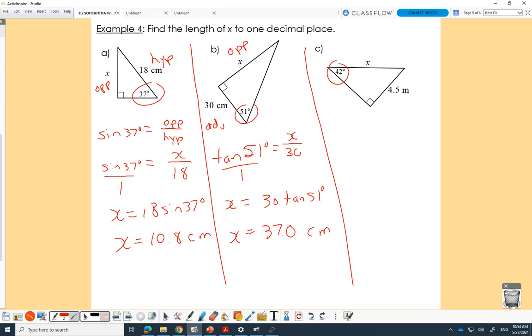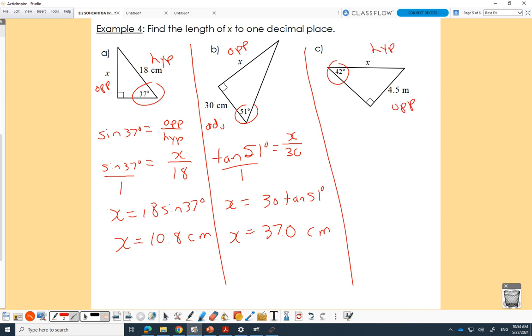Choose one to do. So I take the 42 and use that to... what am I going to do now that I got the angle? Label the sides, yes. Opposite, hypotenuse.